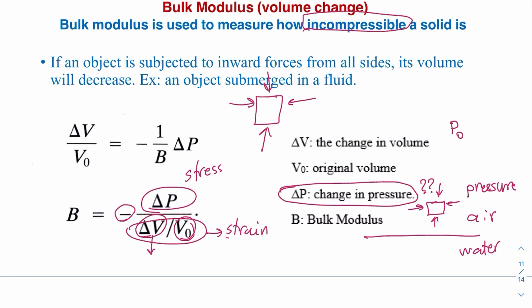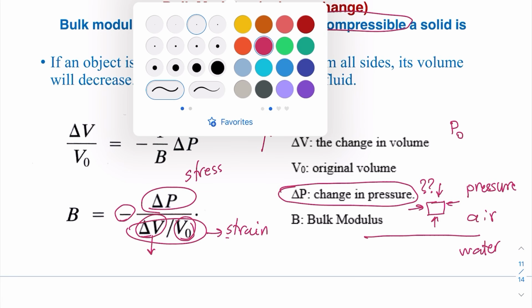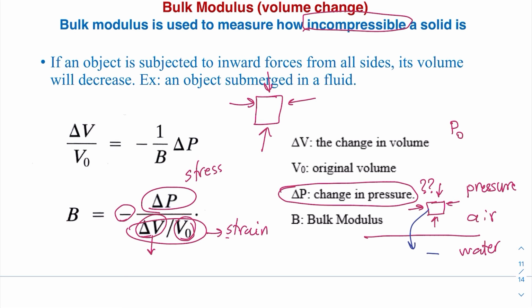Then when it is submerged into the water, a different pressure will be acting on it, let's say P. So this change is shown by delta P. Here we call it stress in the concept of Bulk's modulus, and it is quite different from those previous moduli that we studied.